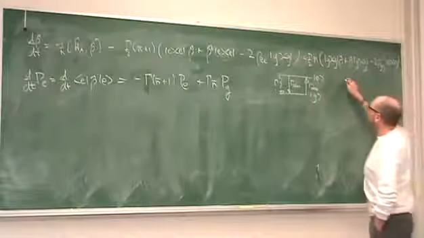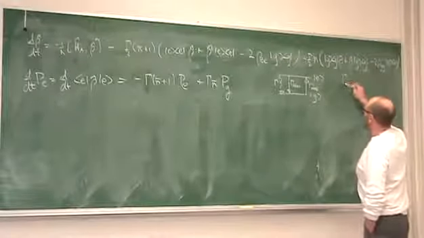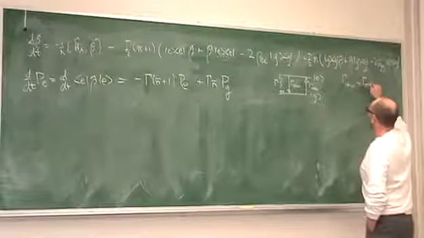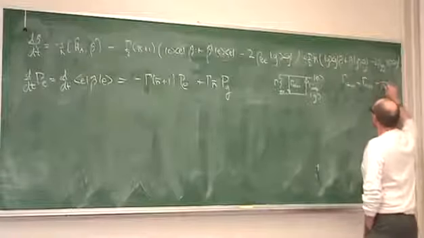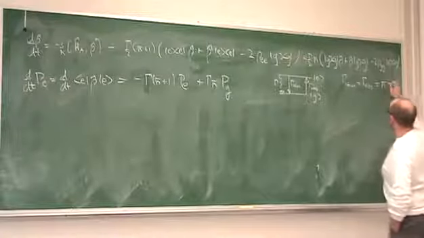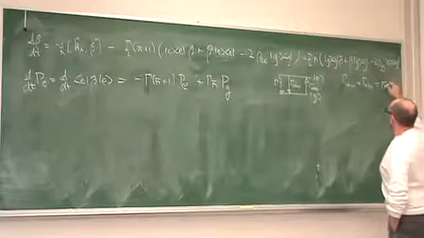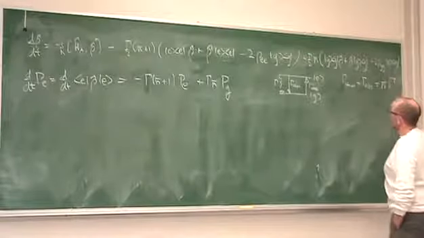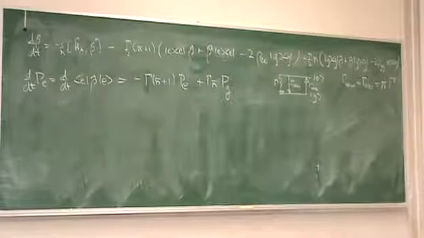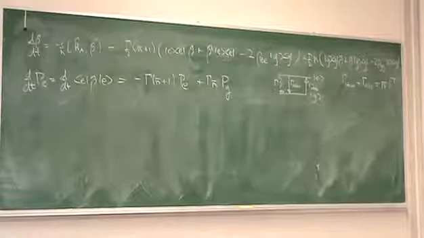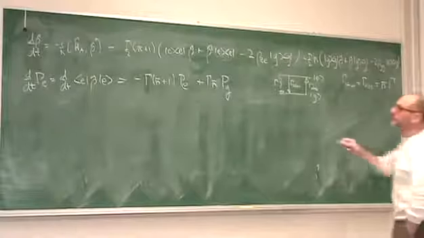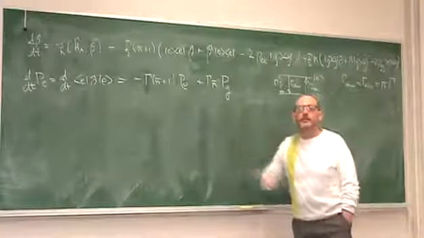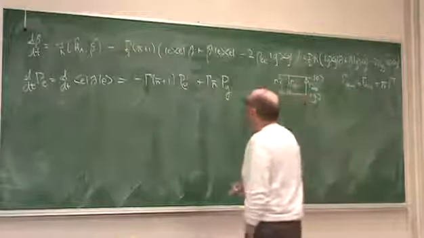The stimulated emission and absorption rates are actually equal, given by n bar, the number of photons at that temperature at the atomic resonance frequency, times gamma. And those are the processes that give rise to this decay rate.